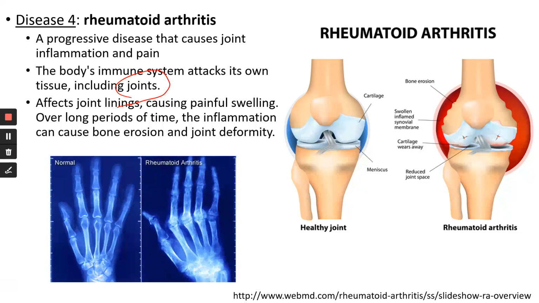It also attacks all kinds of tissues in the joint. So you may have bone erosion, which eventually leads to joint deformity. So there's a picture right here. So again, remember, this is autoimmune disease that causes joint inflammation and also a lot of pain.